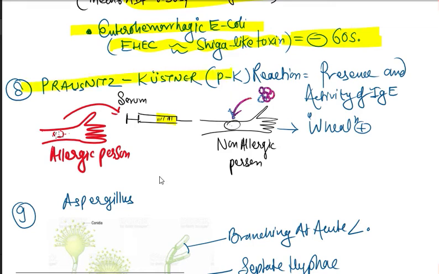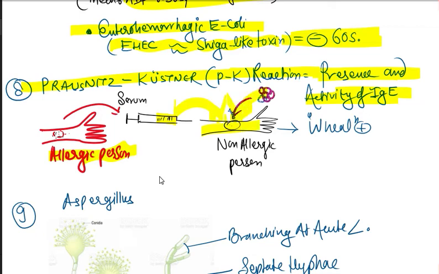Next, what is the Prausnitz-Kustner reaction? This shows the presence and activity of IgE. So we take serum from an allergic person and introduce that serum into a non-allergic person, and then we introduce antigen.